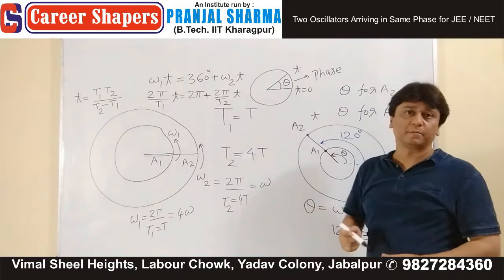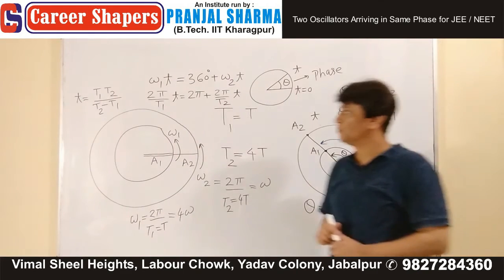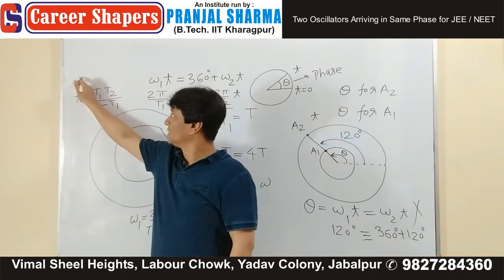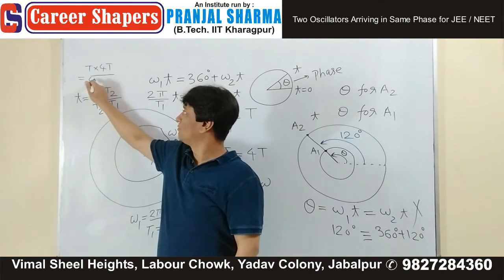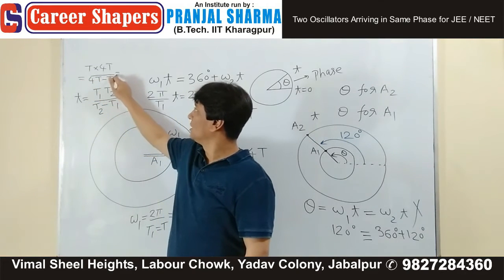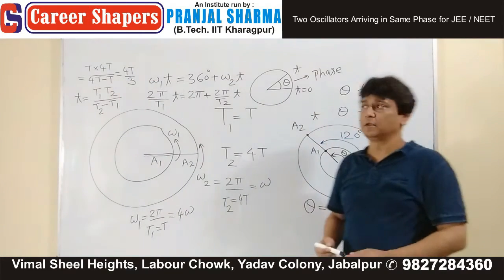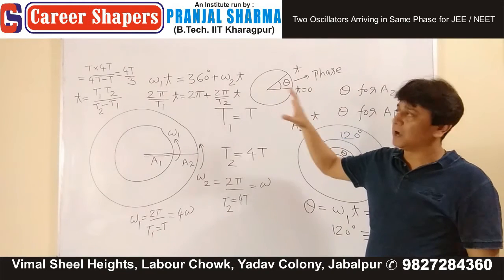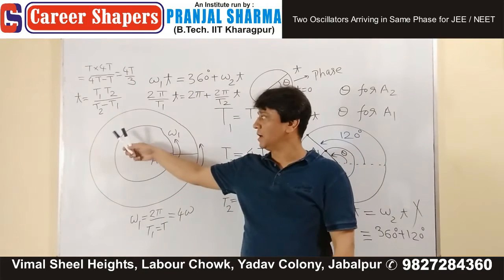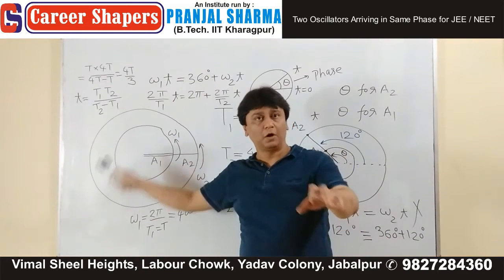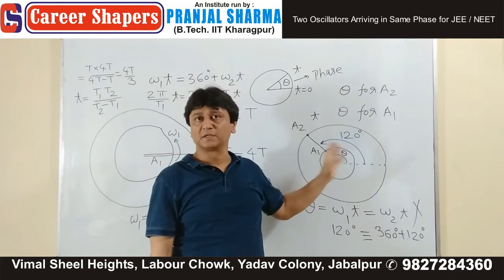This is the time when both rods will be in the same phase. For the given question, T1 is T, T2 is 4T, so t is 4T divided by 4T minus T, or 4T by 3. So after 4T by 3 time, both rods, or the particles executing simple harmonic motion, are exactly in the same phase.